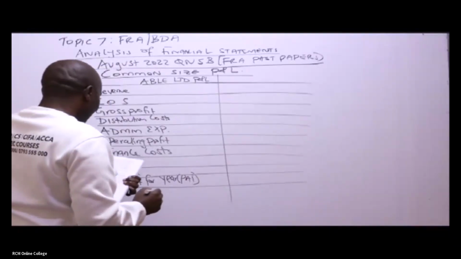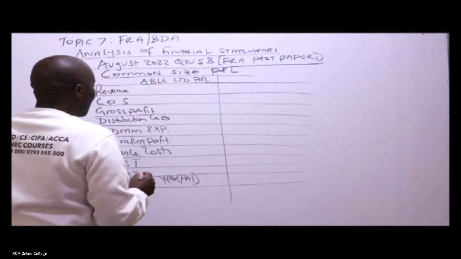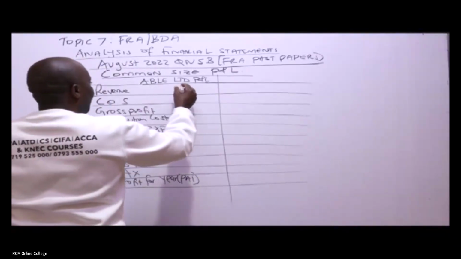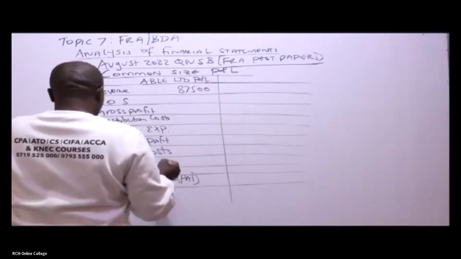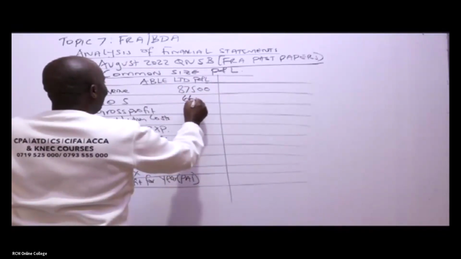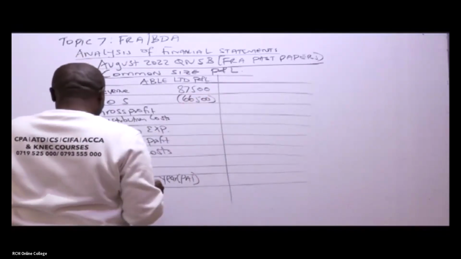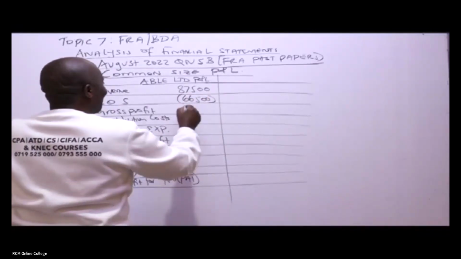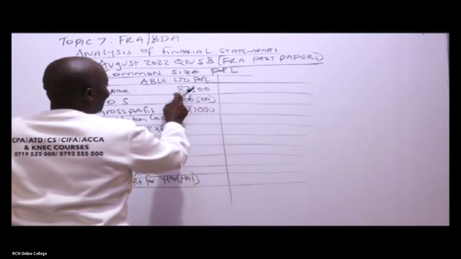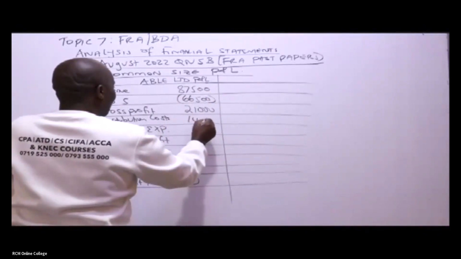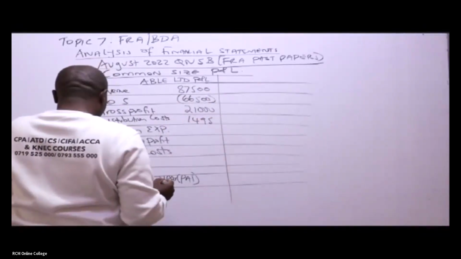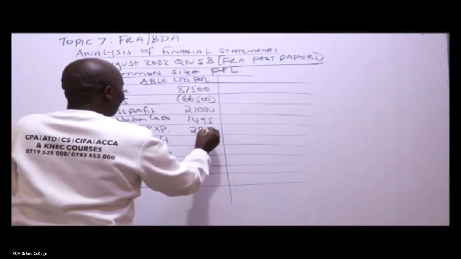So then we have our revenue for Able in shillings thousands. I can see 87,500. I can see 66,500. BDA students are not copying anything; here you already have the question paper. 21,000. This minus this gives me 21,000. Then I can see 1,495 and 2,880.